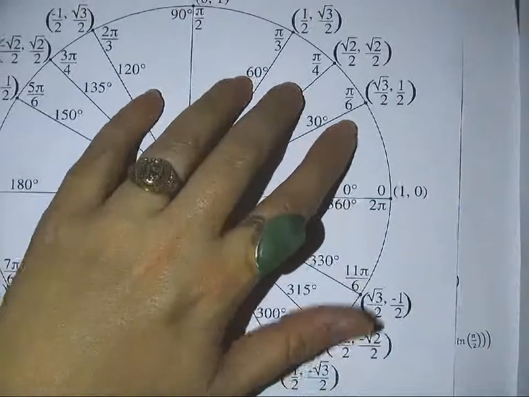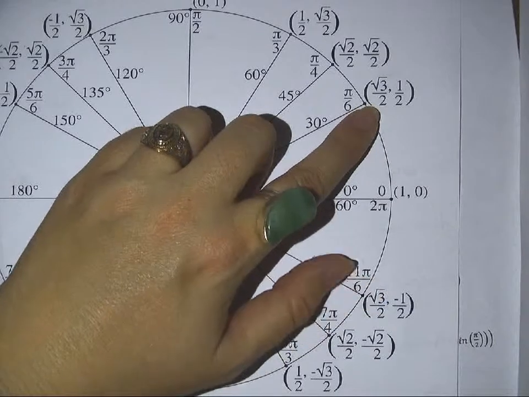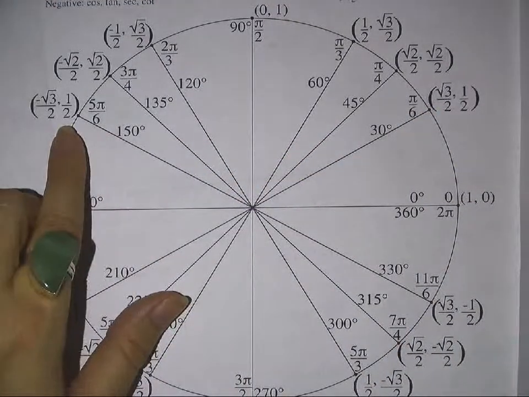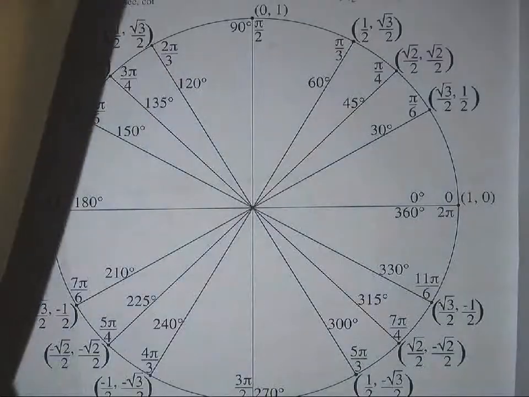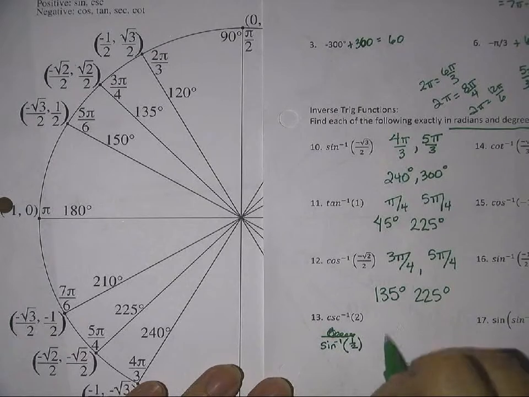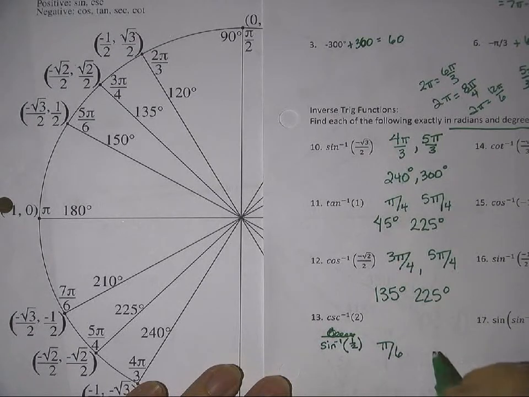Well, that happens right here at pi over 6, and it also happens on this side at 5 pi over 6. So let me put those on my paper. Pi over 6 and 5 pi over 6. That's 30 degrees and 150 degrees.